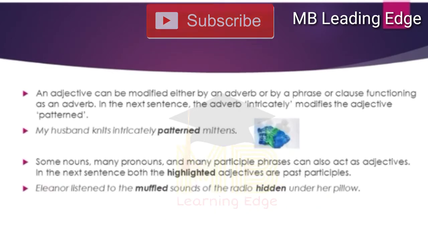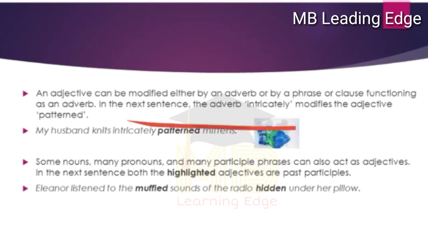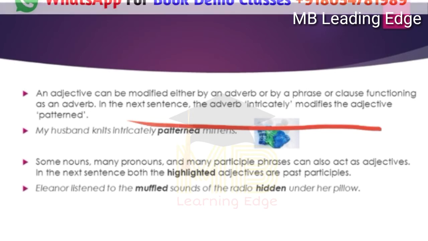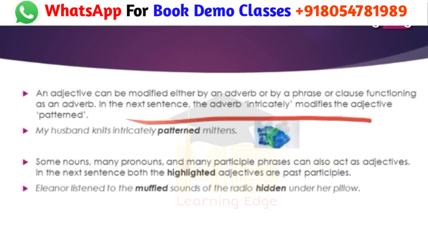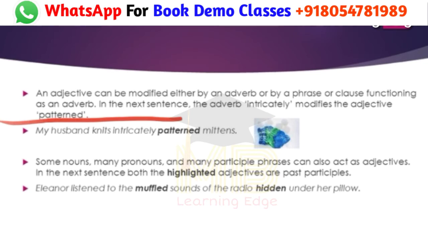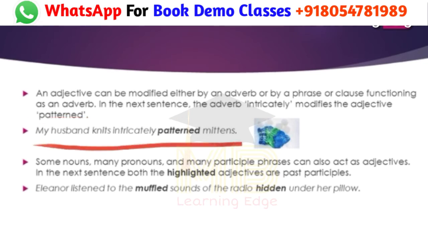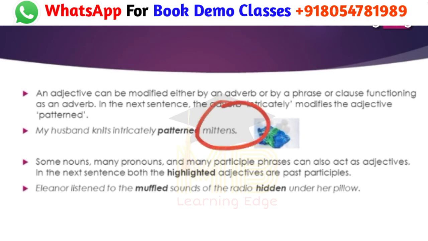So an adjective can be modified by either an adverb or by a phrase or a clause functioning as an adverb, right? So now you see in the next sentence, the adverb intricately modifies the adjective patterned. My husband knits intricately patterned mittens. Okay, now you know that mittens are patterned.